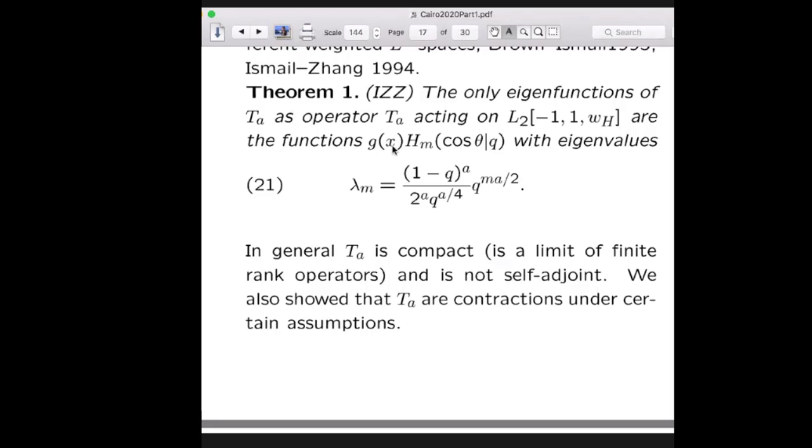Okay, so in the same paper, we proved that these are contractions, but there is a certain condition, because the smallest eigenvalue here is when m is 0. So if m is 0, this is out, and you have this. And we know that the norm of the operator is at least as large as the largest eigenvalue.